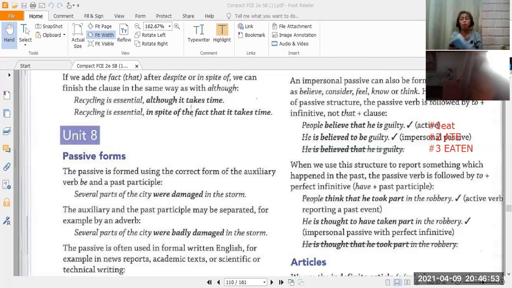The driver was not injured. So "the" becomes unique because of the article. The driver becomes unique because of the article "the". Okay, keep thinking about this idea of a unique noun as we continue.